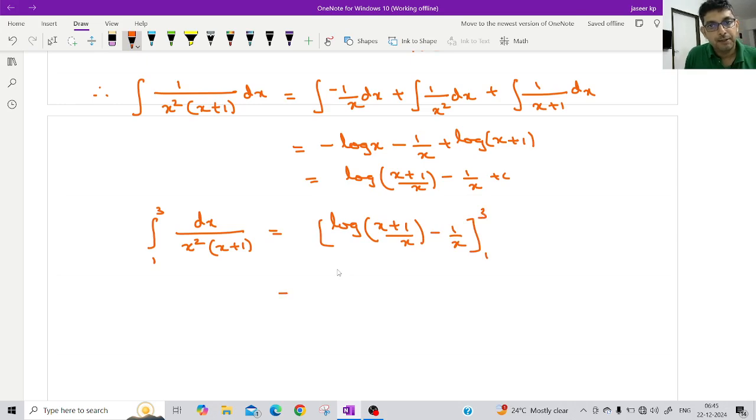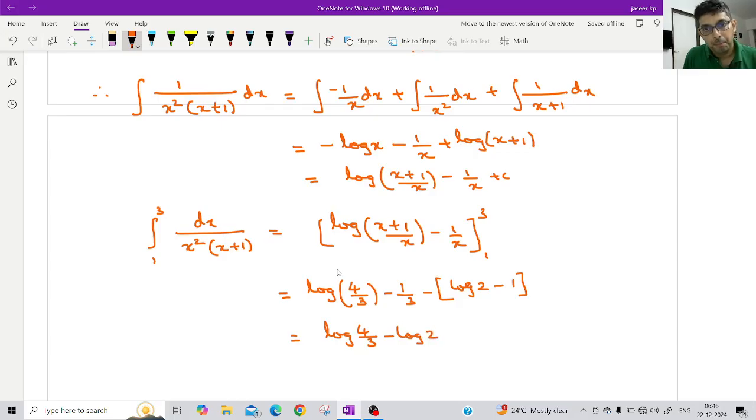So now you'll apply the upper limit, log 3 plus 1, 4 by 3 minus 1 by 3, then the lower limit log 2 minus 1. So it will become log 4 by 3 minus log 2 plus 1 minus 1 by 3.